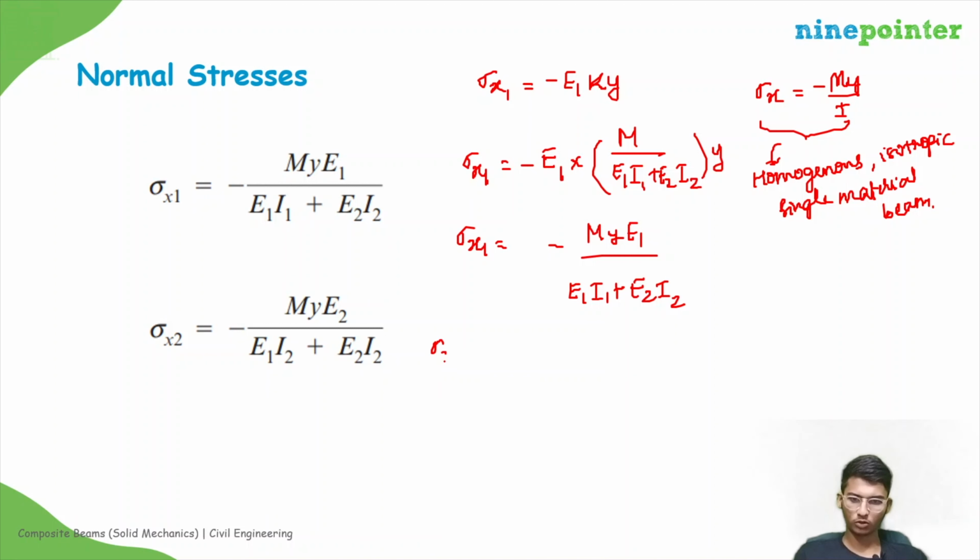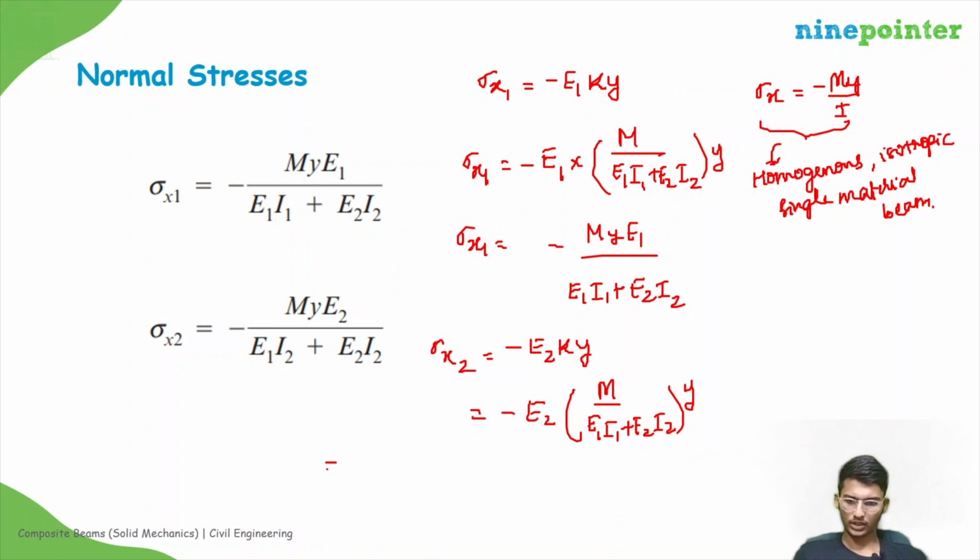Similarly, sigma x2 is equal to minus E2 kappa into y, right? So we get minus E2 into M divided by E1 I1 plus E2 I2, into y. So from this we get minus M y E2 divided by E1 I1 plus E2 I2.